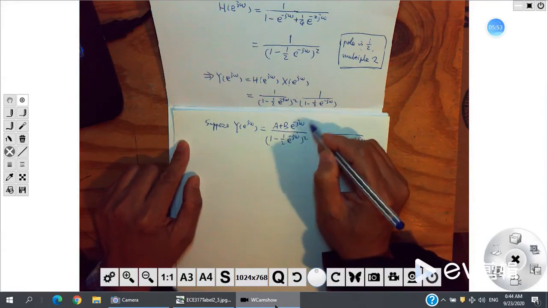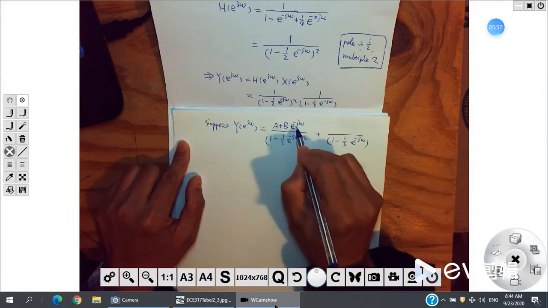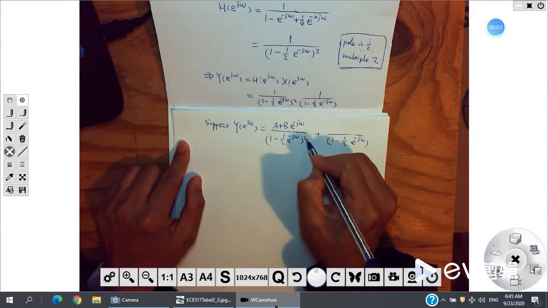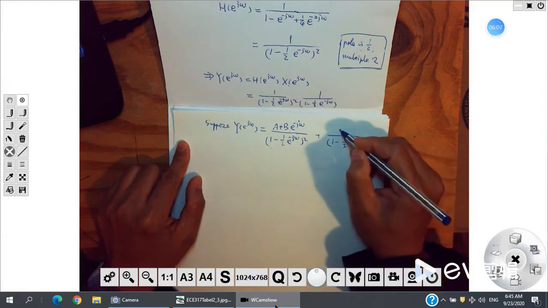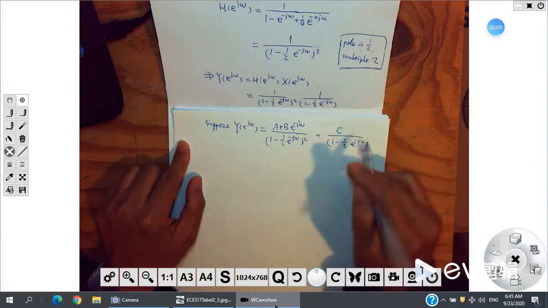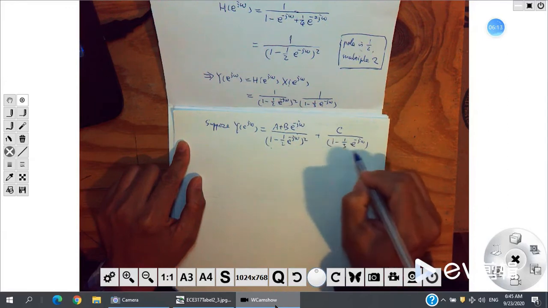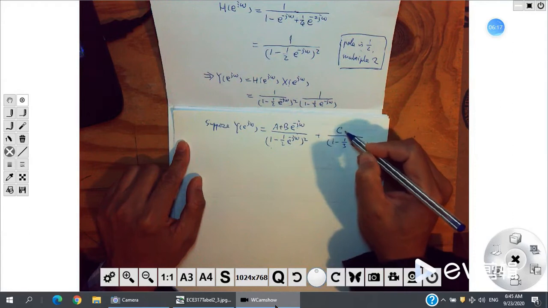Now we have order 2 in the denominator, so the numerator will be order 1, one less than the denominator. And this side will be c. This is the same rule: the denominator has order 1, so the numerator should be order 0.